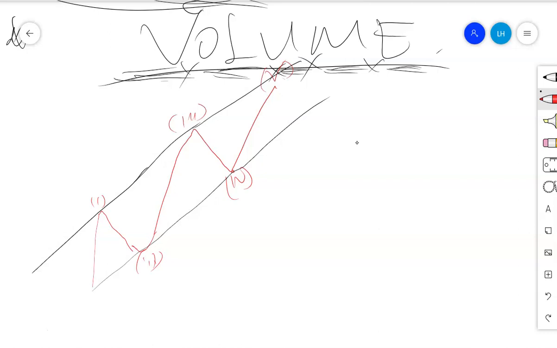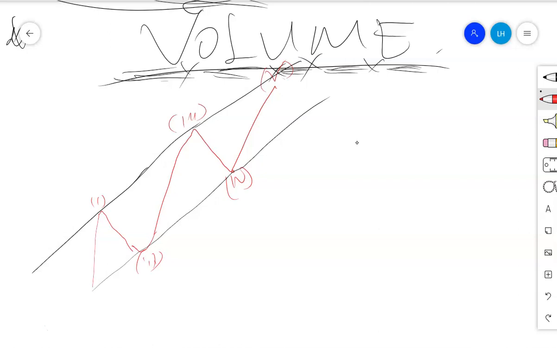So now when we come to the idea of volume, based on the ELLIOTT wave principle, ELLIOTT recognized that volume changes in each wave. Actually, there is variation in volume between one wave and another, whether it is the first wave, the second wave, the third wave, or anywhere else in the market. The volume does not remain constant.